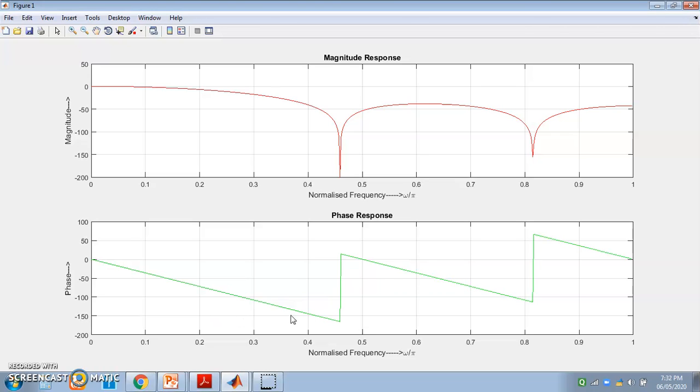As this is a linear phase filter, the filter's response is changing linearly from one point to the other. This is the magnitude response of the FIR filter, and this is obviously the low pass filter, and this is the phase response. Here we have the magnitude response of the typical low pass filter with the given desired impulse response case.